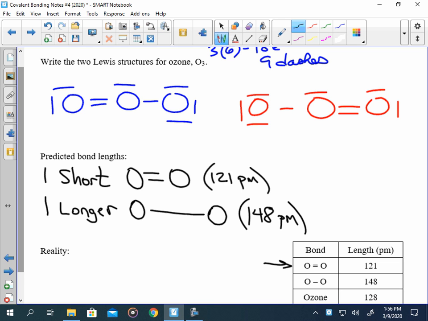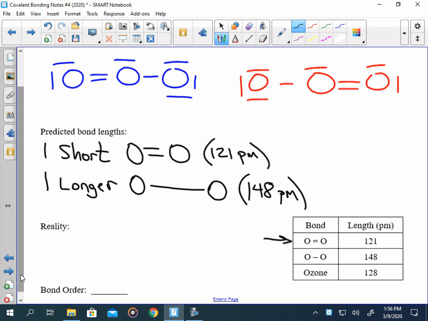A single bond or a double bond? I don't know. Well, was it 121 or 148? They were both the same length. Which length was it? 128 picometers. Something must be wrong.